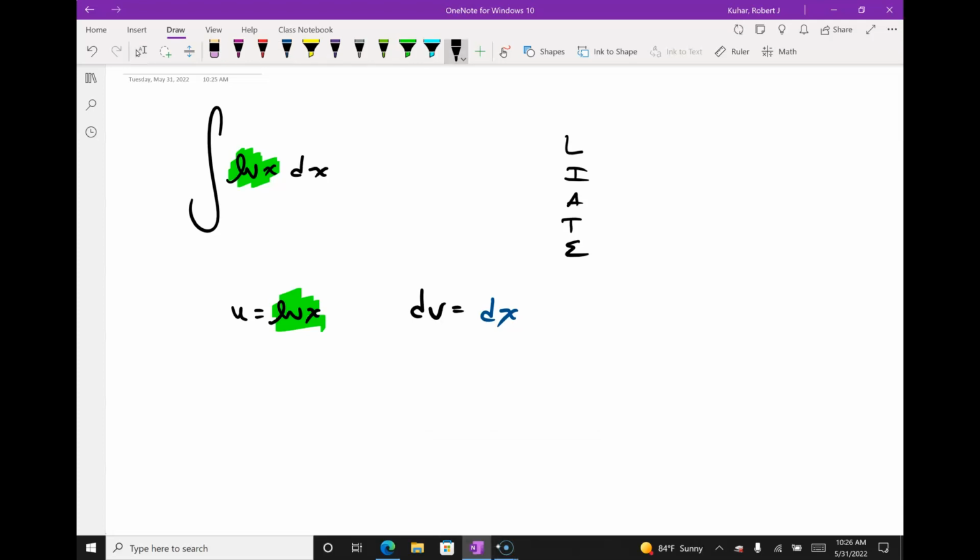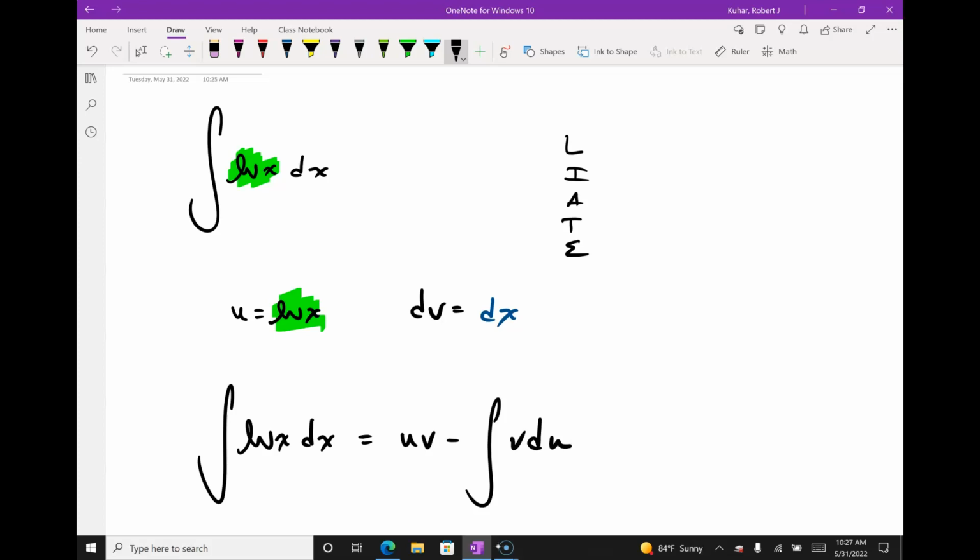What's my formula? The antiderivative of ln of x dx is uv, minus the integral of v du.